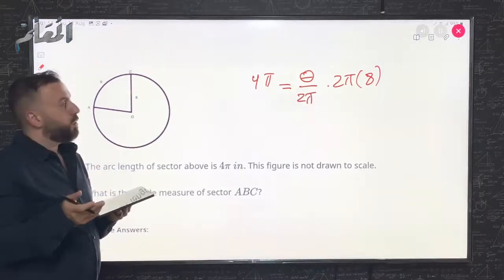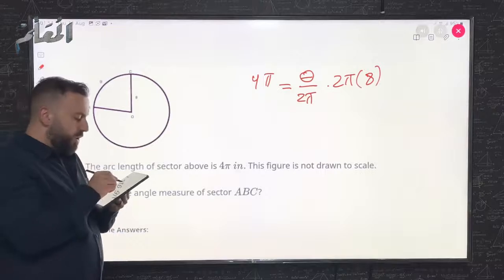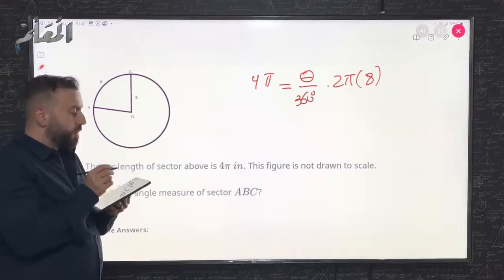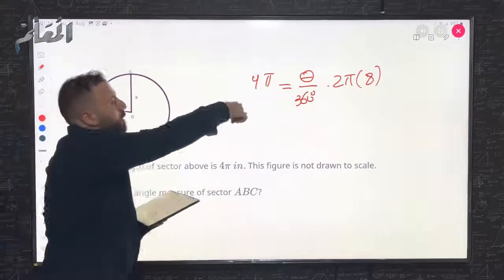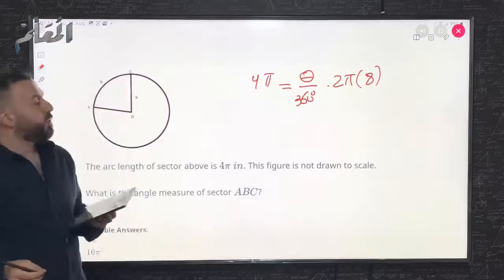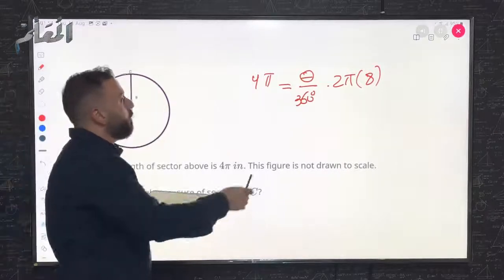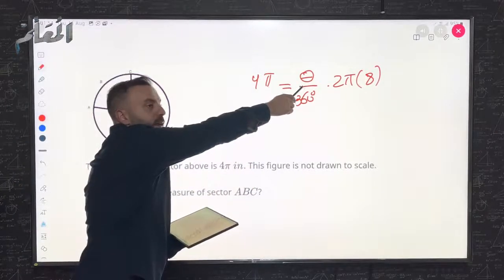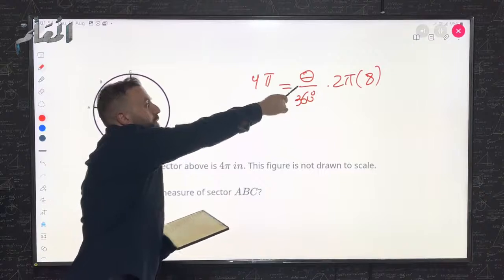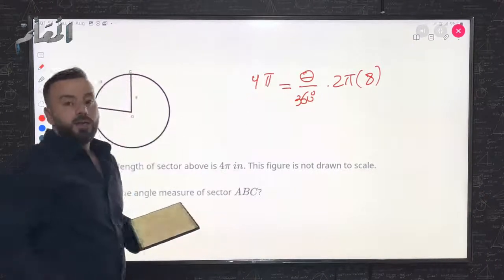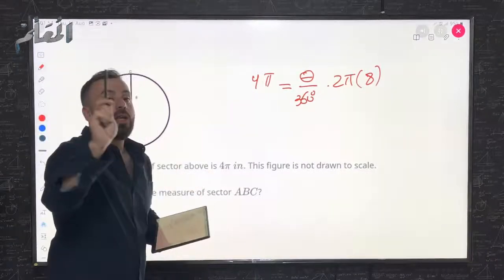That works also, or I can just keep it in degrees, theta over 360, no problem. So if I want to get theta in radians, I will put this 2 pi, but if I want to get theta in degrees, I just leave this as 360, and in M1 it's always degrees.